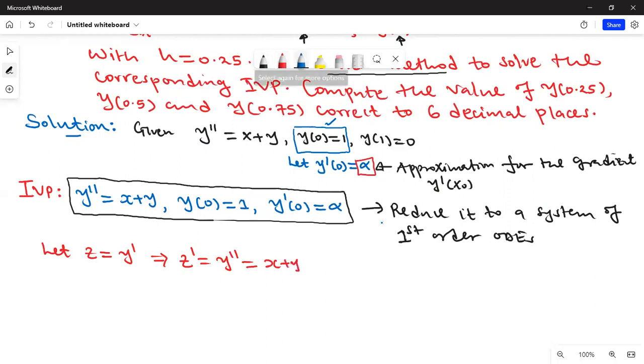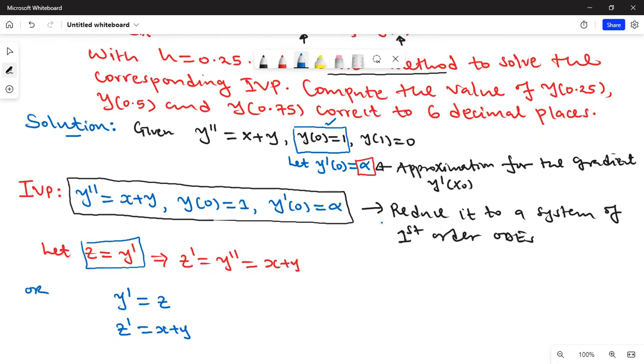So I can write down the first equation: y prime, which is dy/dx, is equal to z, and the other one is z prime is equal to x plus y.